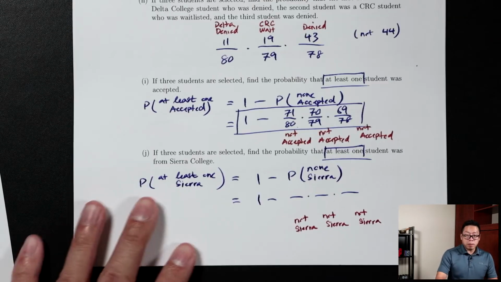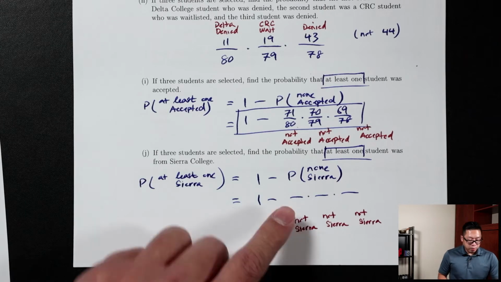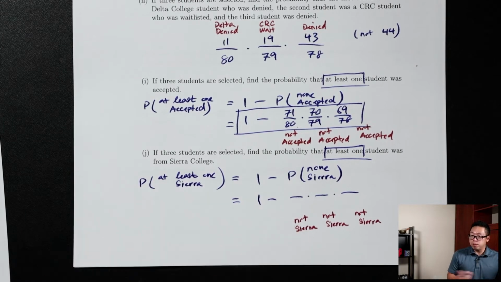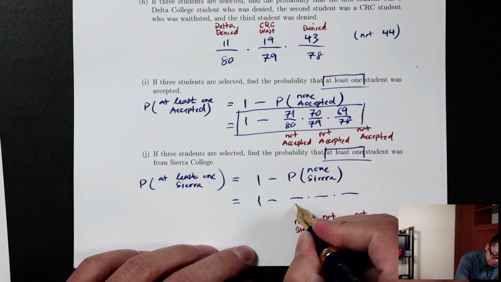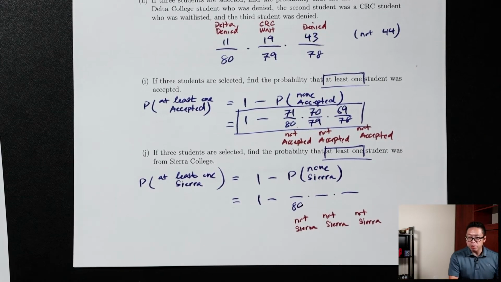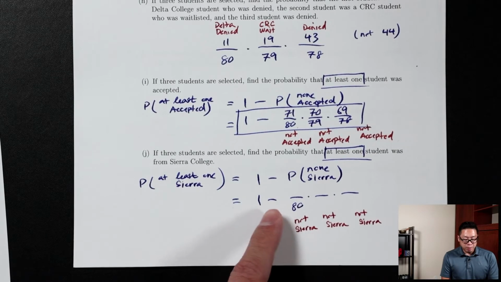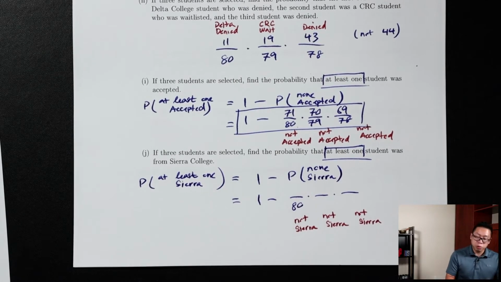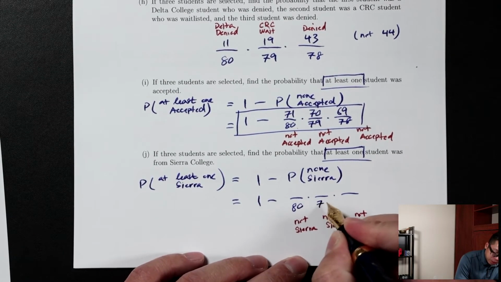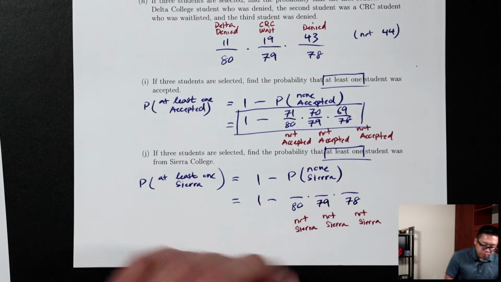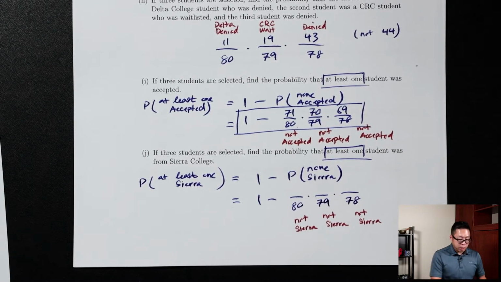Okay, the bottom of the fractions. For the first one, it should be the total number of students. That's going to be 80. And then once again, because we're not going to pick the same students again, for the next fractions, we have to reduce. We're down to 79 and then 78. For the top, I want not Sierra.